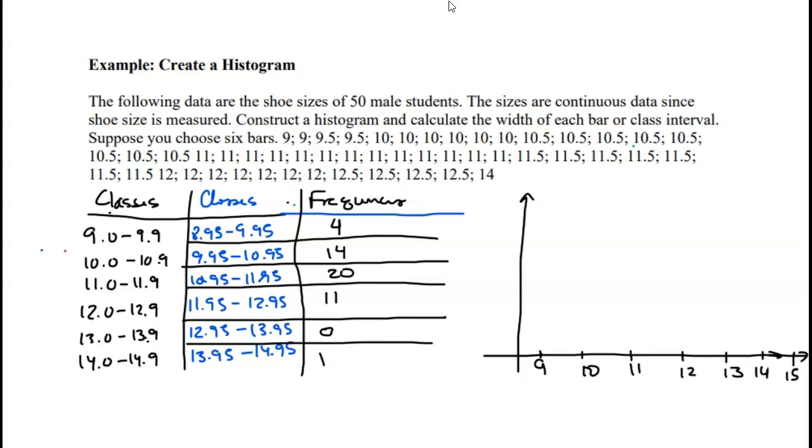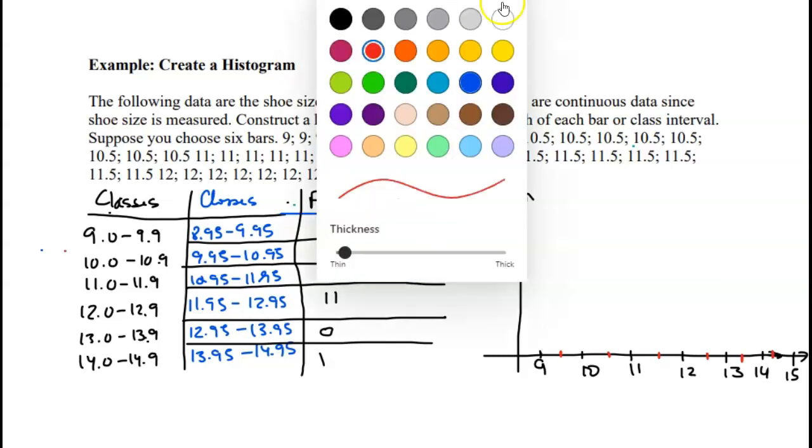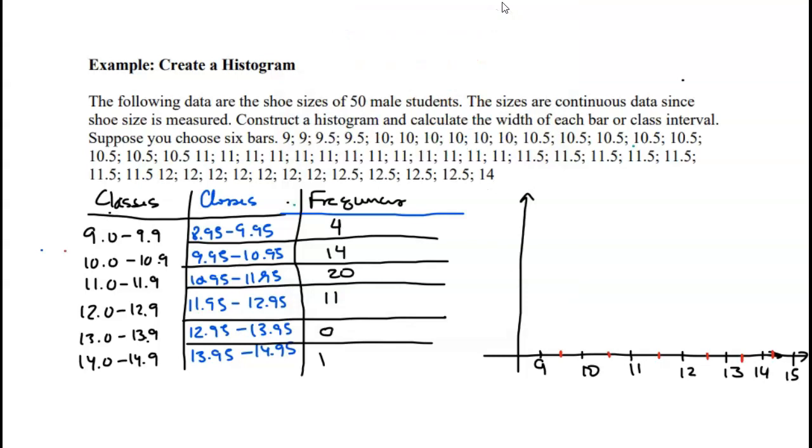All right, so the exact center is going to be in the middle. All right, and then we should label the frequencies. So it goes up to 20. So we're going to have 10 and 20, 2, 4, 6, 8, 10, 12, 14, 16, 18, 20.